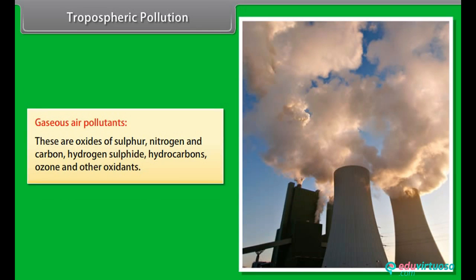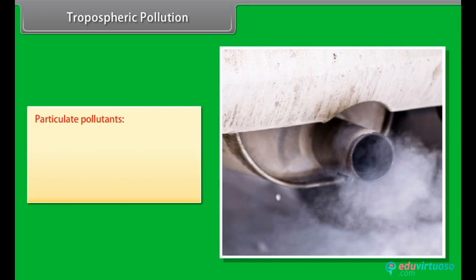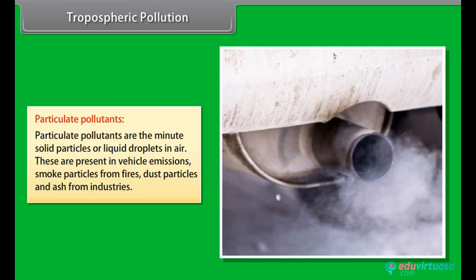These are oxides of sulphur, nitrogen and carbon, hydrogen sulfide, hydrocarbons, ozone and other oxidants. Particulate pollutants. Particulate pollutants are the minute solid particles or liquid droplets in air. These are present in vehicle emissions, smoke particles from fires, dust particles and ash from industries.